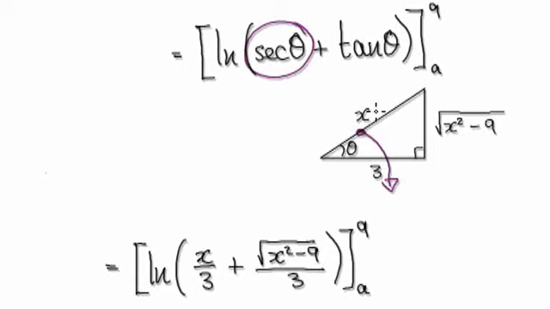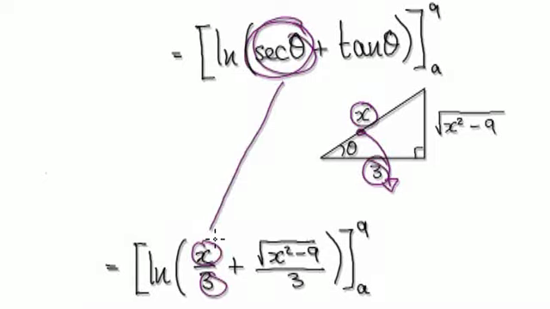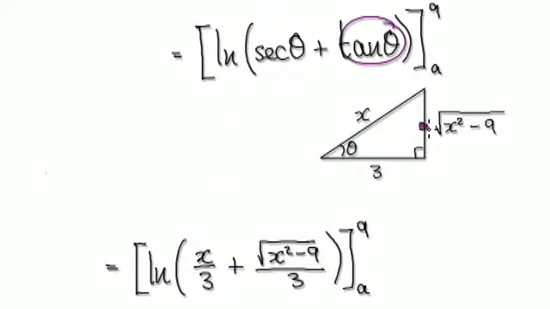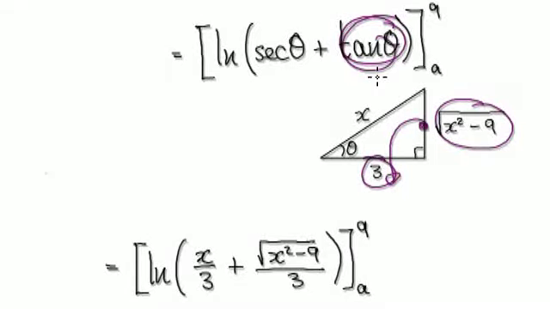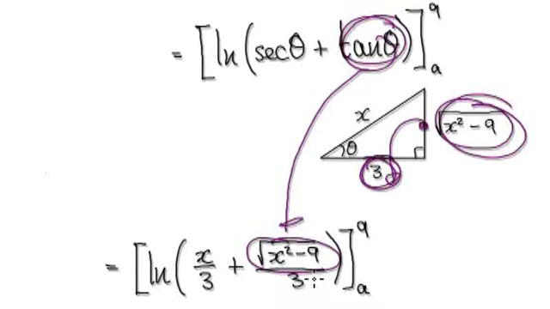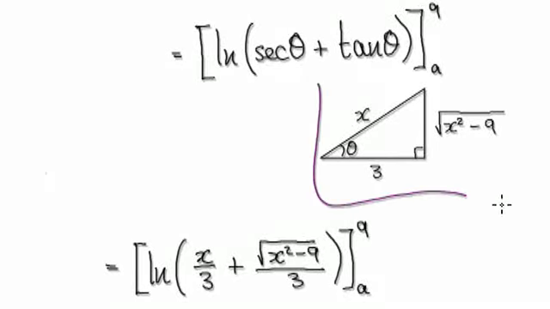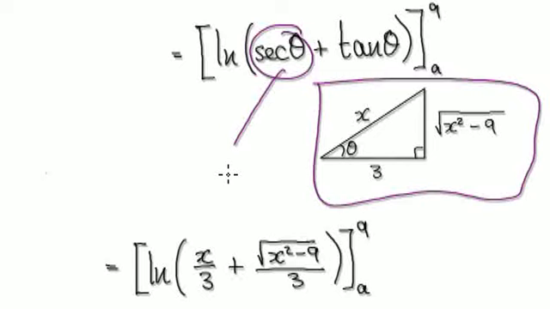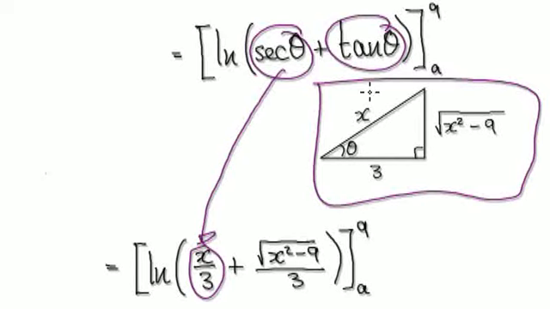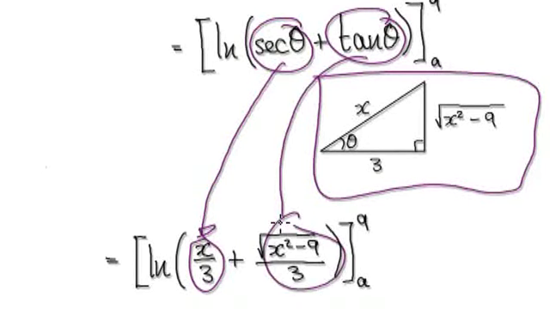Secant of the angle would be x over 3, so this thing here becomes this thing here. Tan of the angle would be this divided by this. So looking back at our diagram, we can translate tan theta to this thing here.